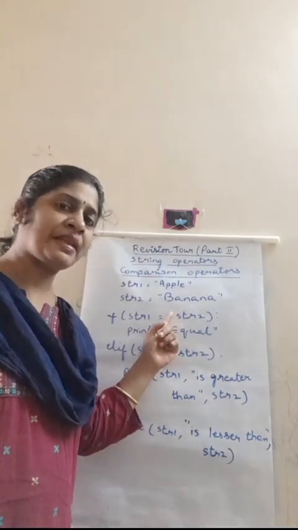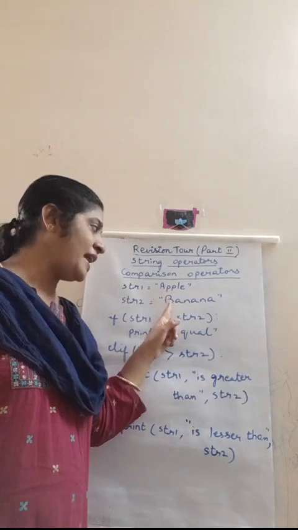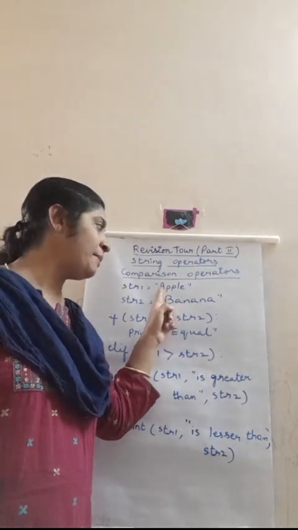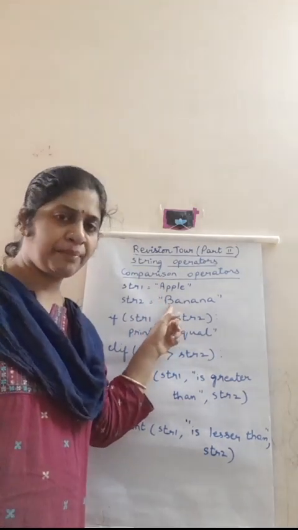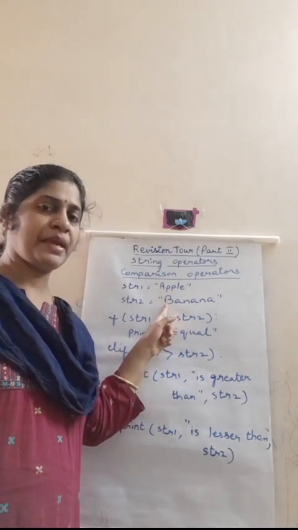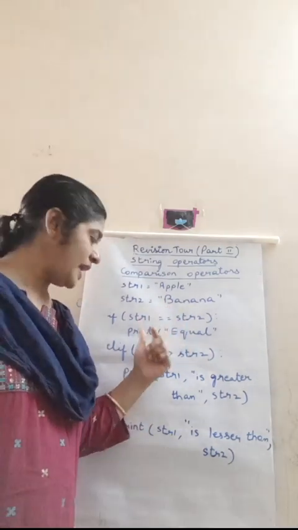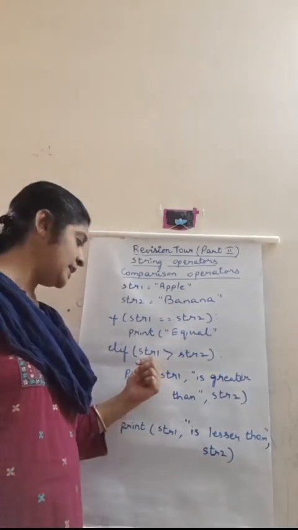It will compare the unicodes of capital A and capital B, that is 65 and 66. Are they equal? No, they are not equal. So it will go to the next statement.